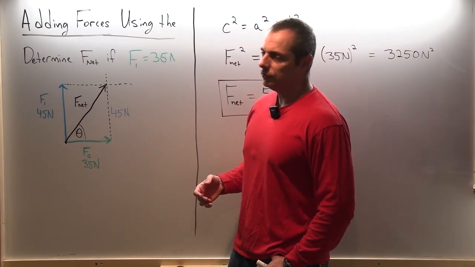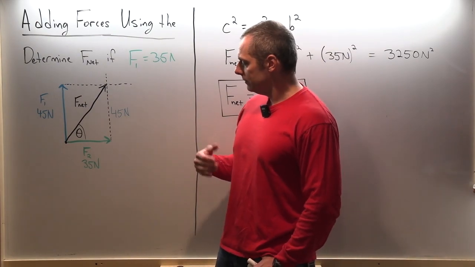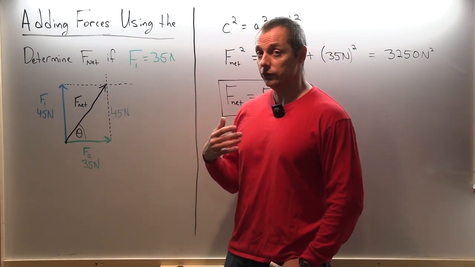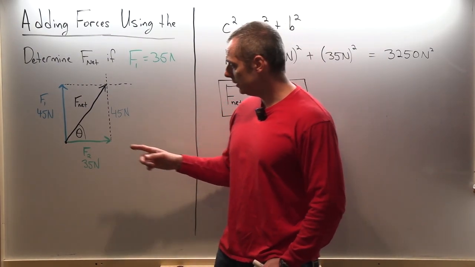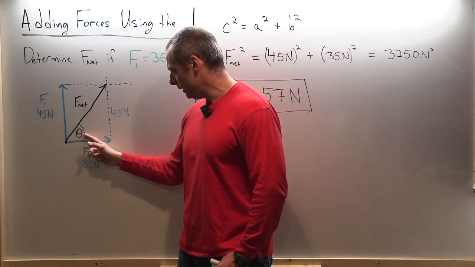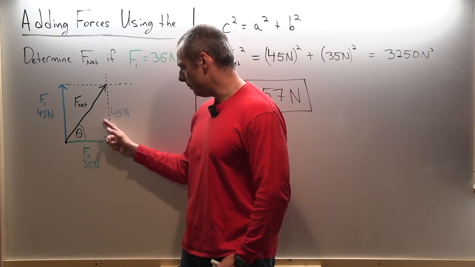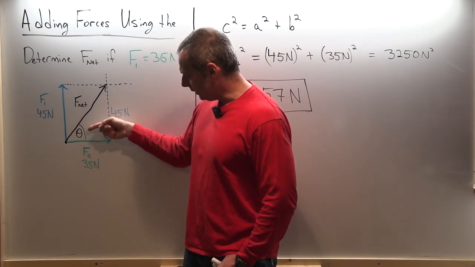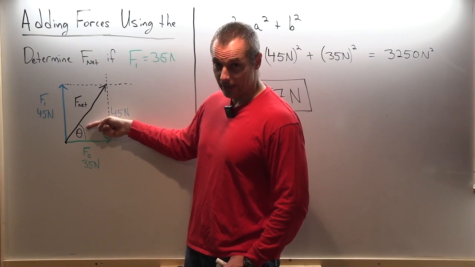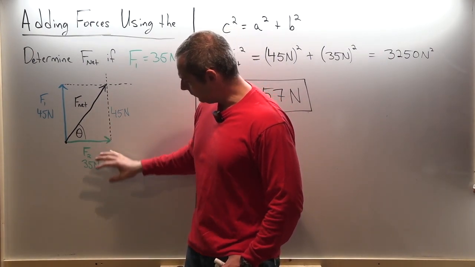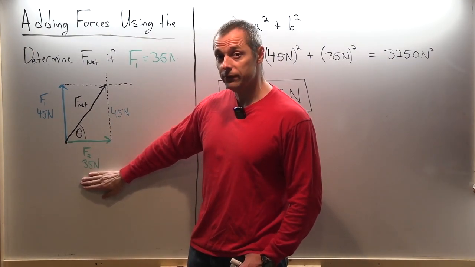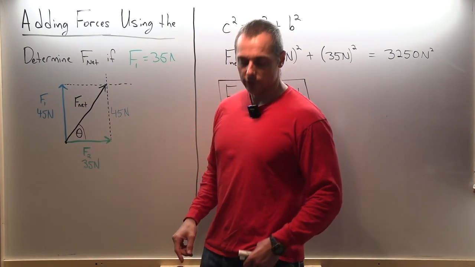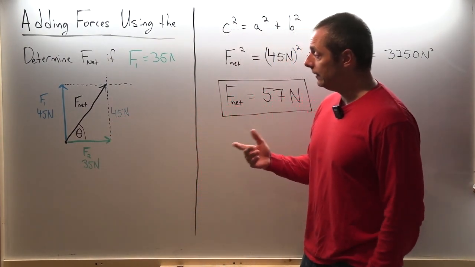I'm going to pick the tangent function because tangent is defined as opposite over adjacent. So this is our theta. The opposite side is opposite of the angle, right here, the 45. Adjacent is the side that's next to the angle, and here's our angle, so next to it, or adjacent to it, is 35 newtons. Knowing those, I'm going to use them to find theta.